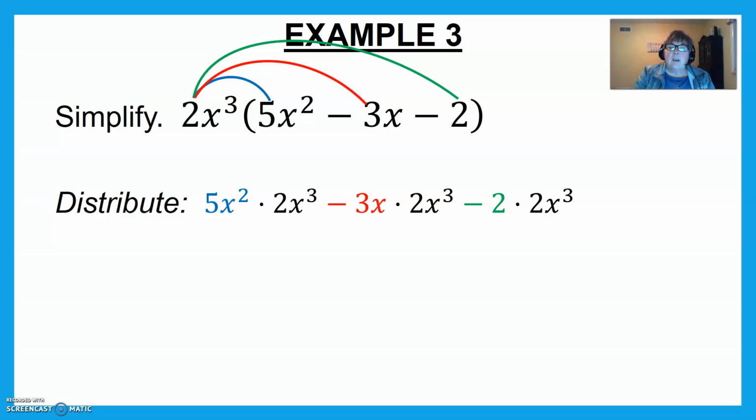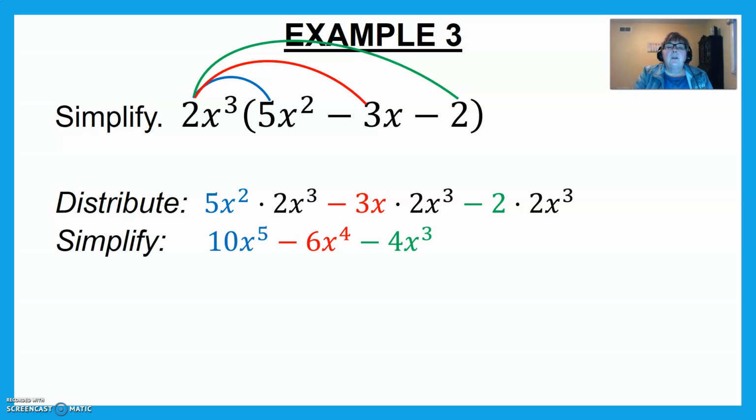Well, 5x squared times 2x to the third. 5 times 2 is 10. X squared times x to the third is x to the 2 plus 3, which is 5. And then negative 3 times 2 is negative 6. X to the first times x to the third is x to the fourth. And then negative 2 times 2 is negative 4.